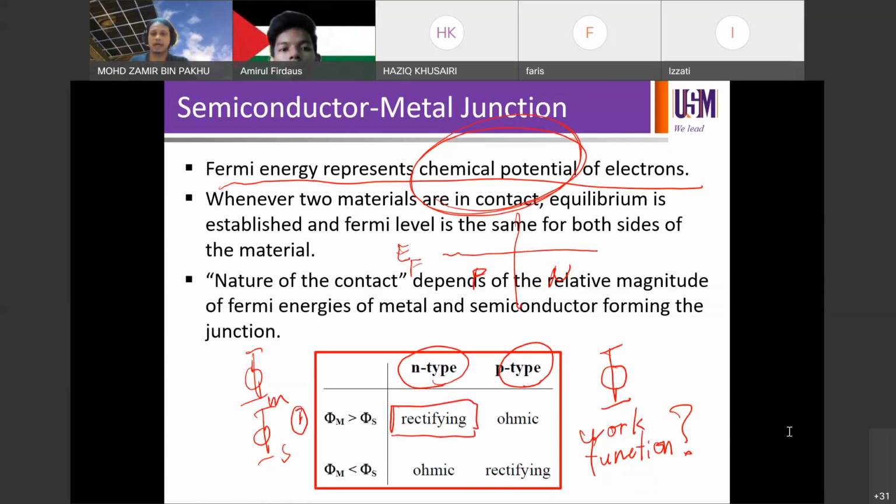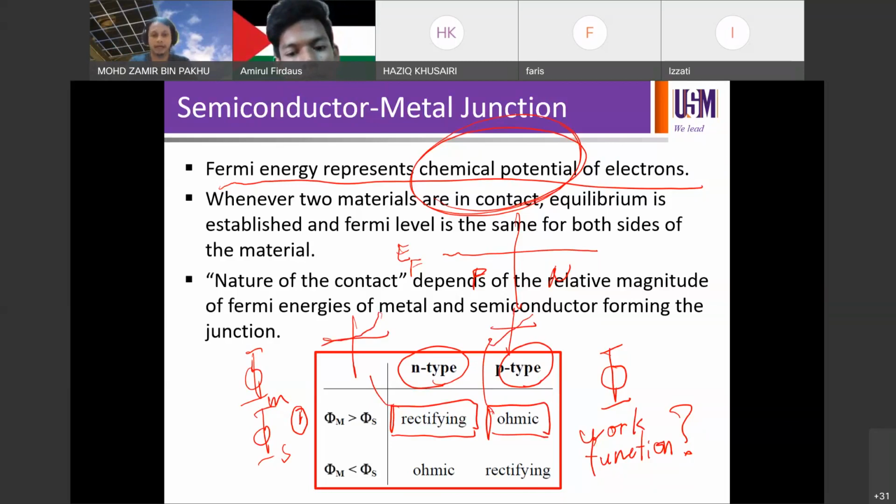On the other hand, if you use the very same metal, which has a work function higher than the semiconductor, but on P-type silicon, you're going to end up with ohmic contact. If you end up with rectifying contact, you're going to have that kind of nature. If you end up with ohmic contact, you're going to have this kind of nature, the IV curve.